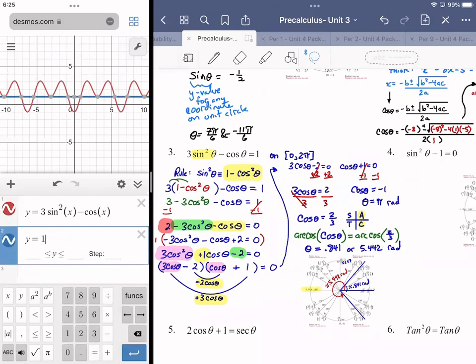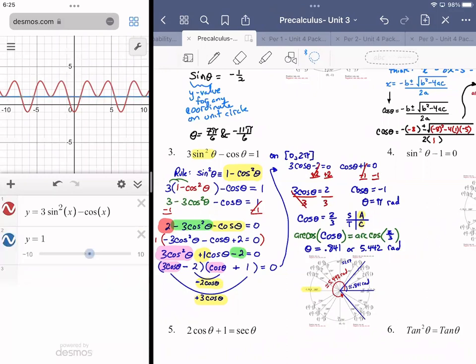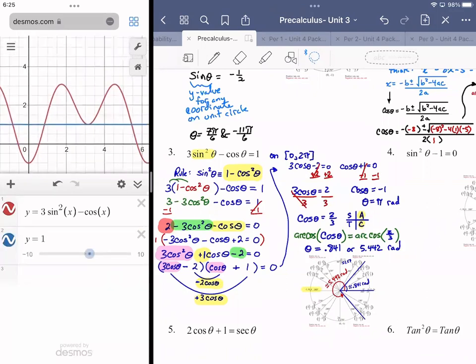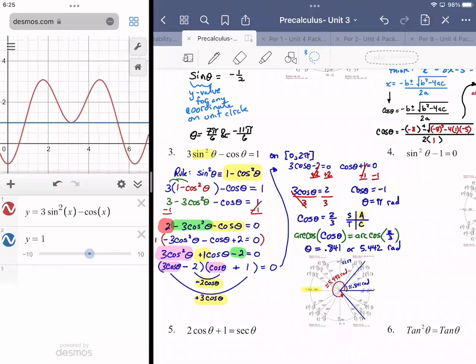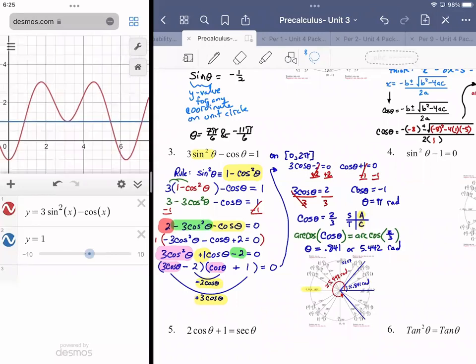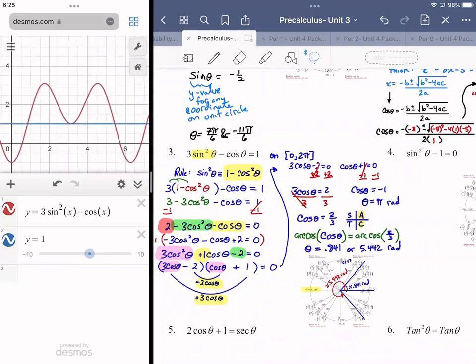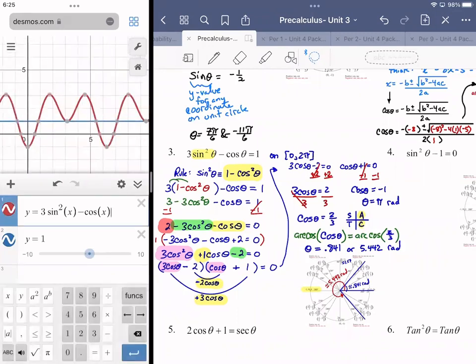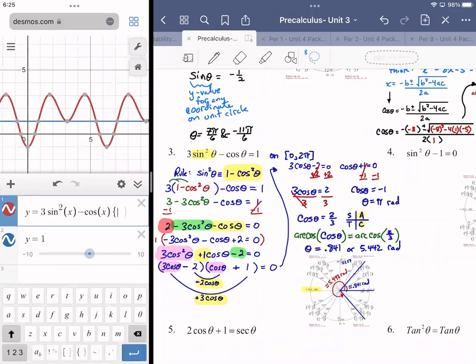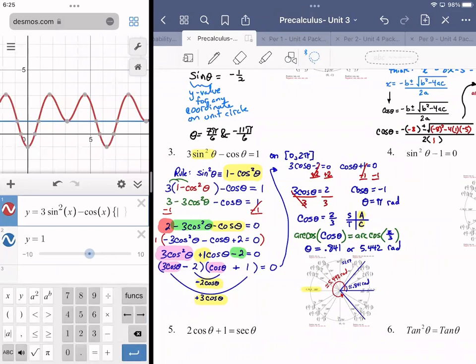The thing is, you get way more than you bargained for here. There's two ways to handle it. One would be to only look at the interval from 0 to roughly 2 pi, approximately 6.28. But it's kind of hard to tell where the end of that interval is. So what I do instead is truncate my graph based off the domain. Open squiggly brace, 0 less than or equal to x less than or equal to 2 pi.